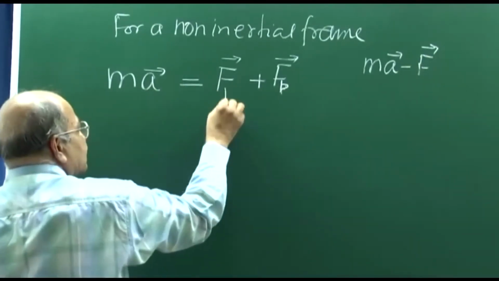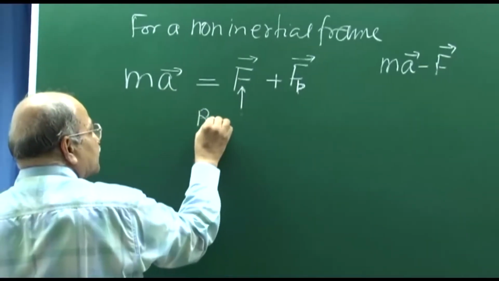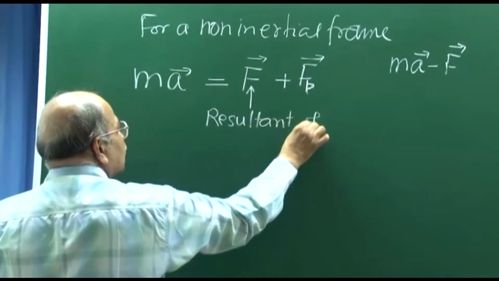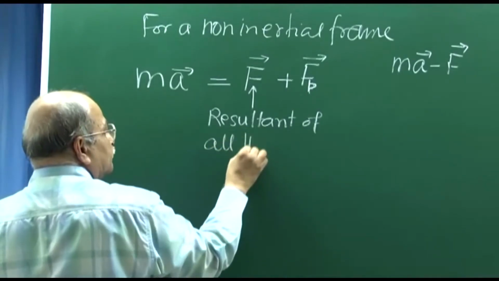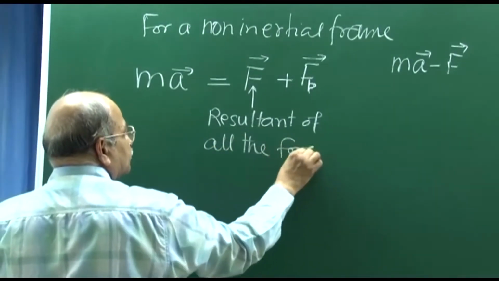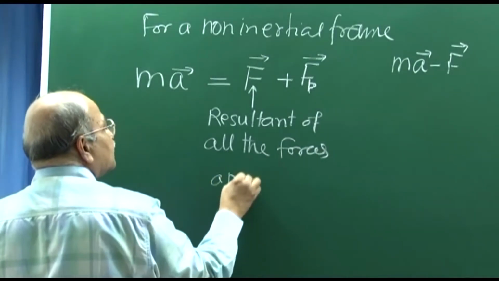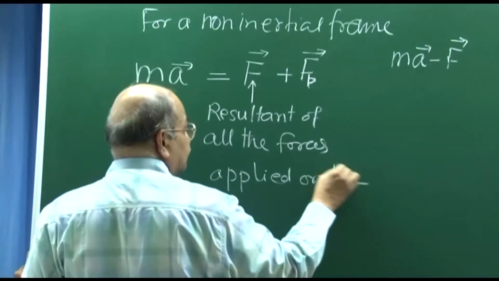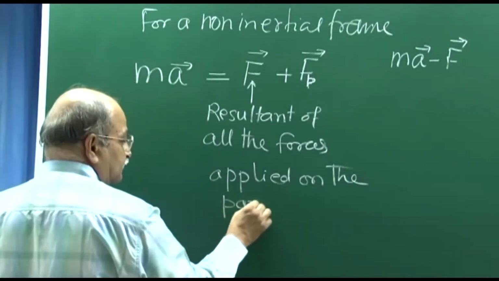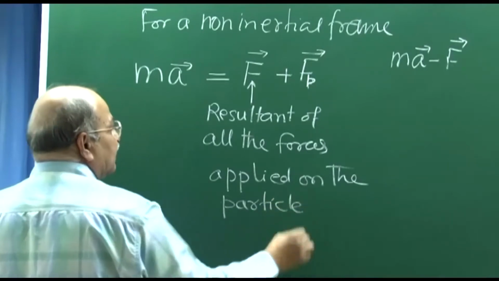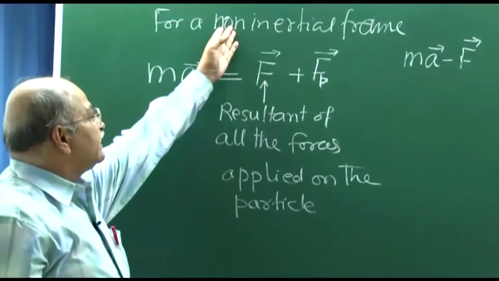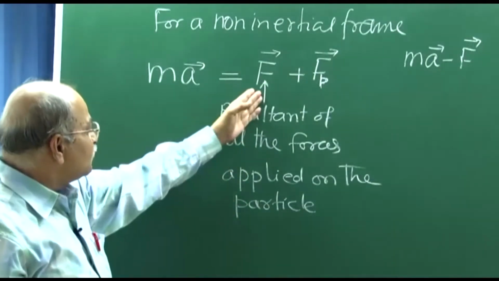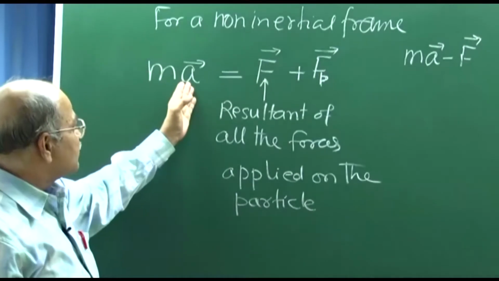So, this force F is the resultant of all the forces applied on the particle, and if this frame is non-inertial, the resultant of all the forces applied on the particle is not the same as mass times acceleration.